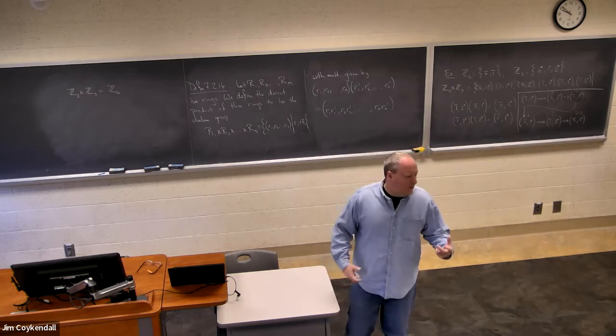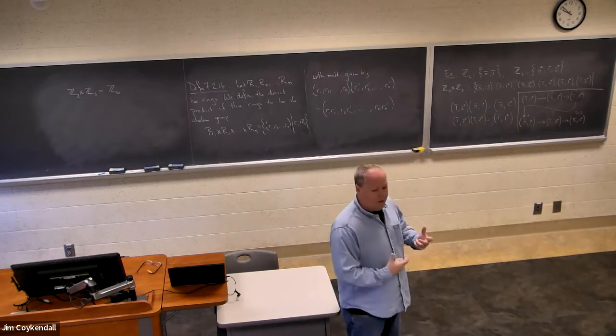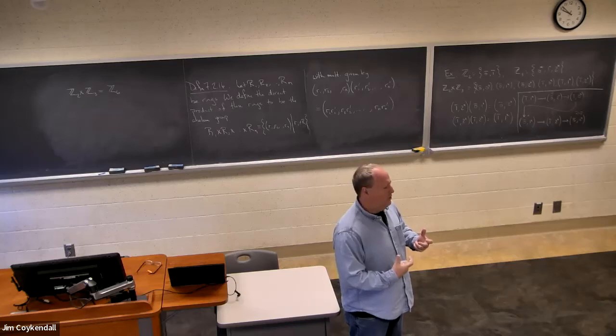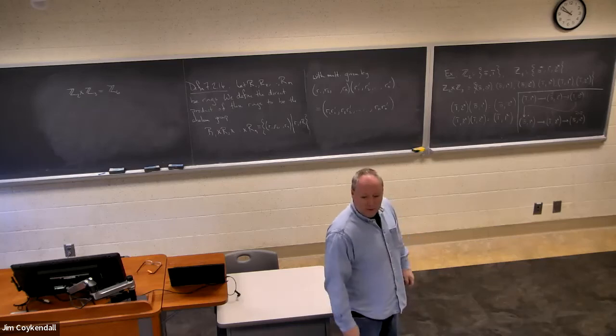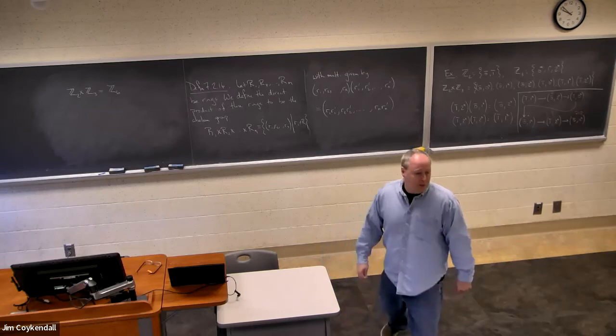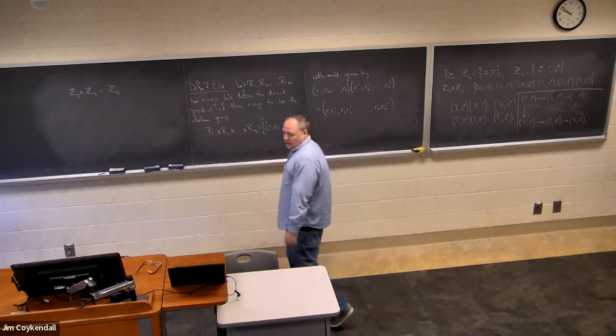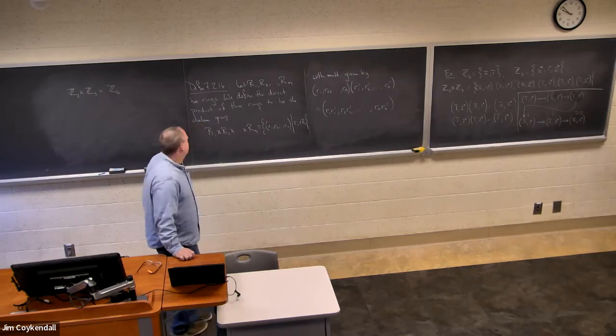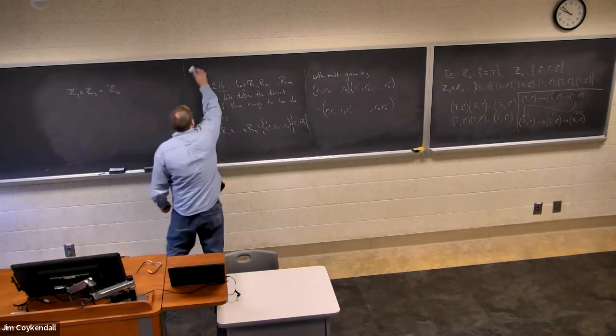If you take Z15 direct product Z16, 15 times 16 is what, 240? That's actually isomorphic to Z240. That only works because they're relatively prime, but you have to be careful if there's an overlap of factors. And we will talk about that presently.